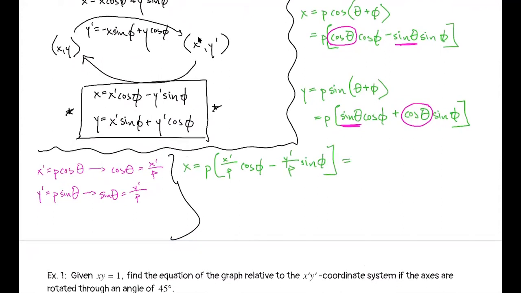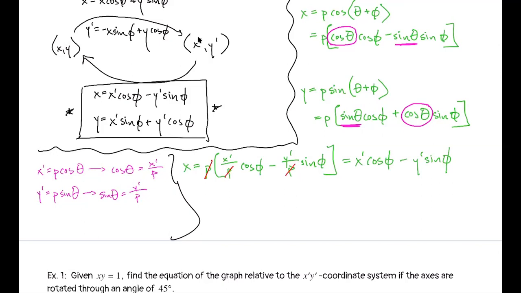And check out what happens. This lowercase p reduces with both of the p's in the denominator, because when I distribute, I have to distribute it to both. And then here's what my equation for x becomes: x prime cosine phi minus y prime sine phi, which is exactly what we had in that box.